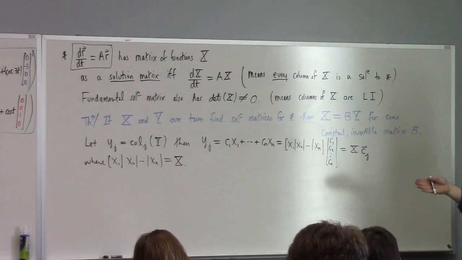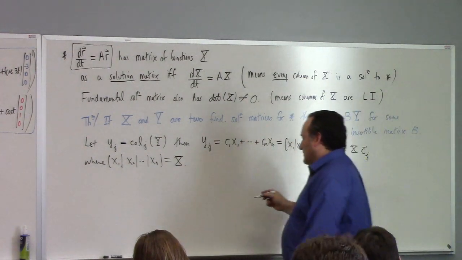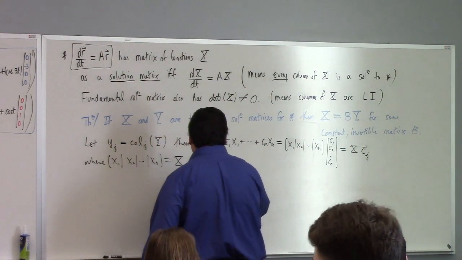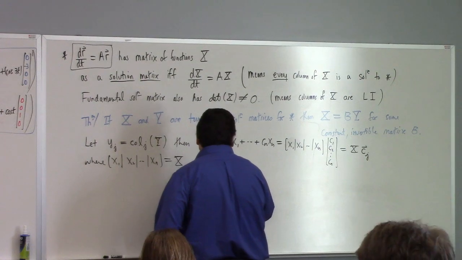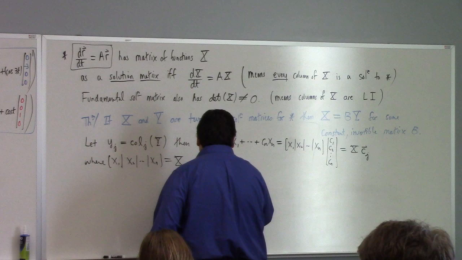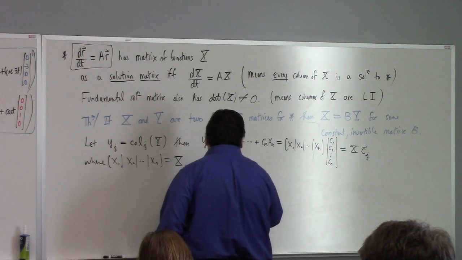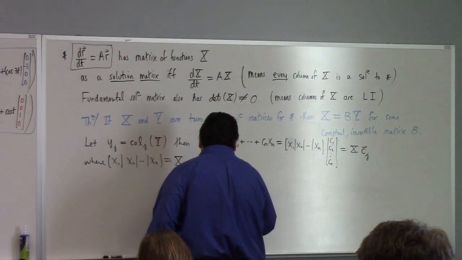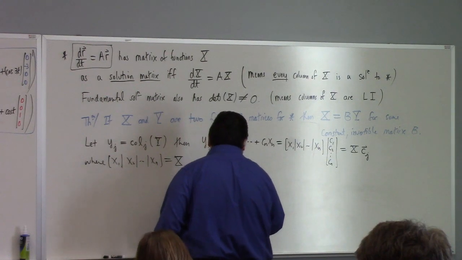But I can do this for each j, all right? So y1 is X times some constant vector c1, y2 is X times some constant vector c2, and so forth, up to some constant vector cn.